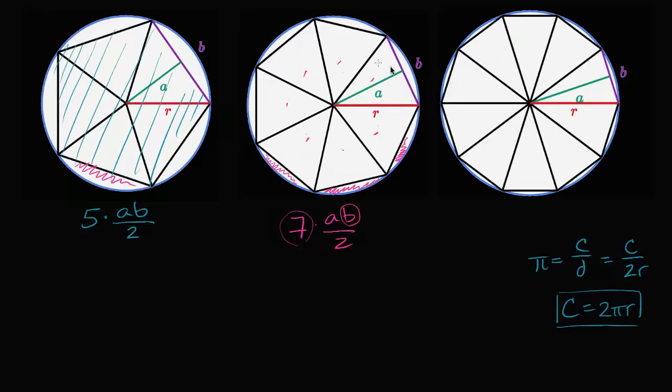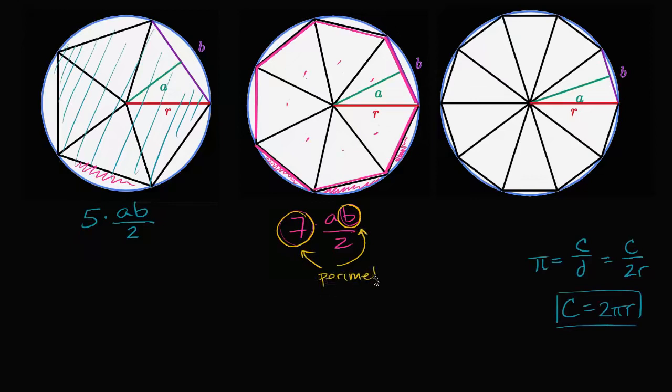So 7 times B is that plus that plus that, I think you get the point, plus that, plus that, plus that, plus that. So once again, 7 times B is the perimeter of the polygon.